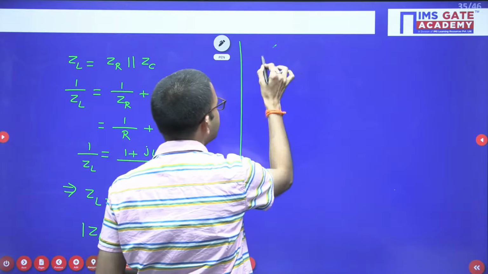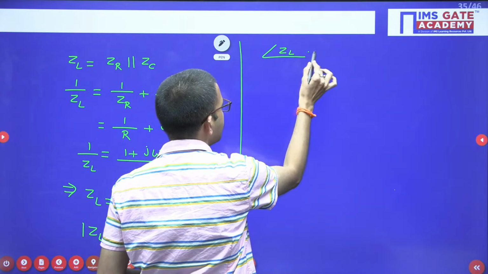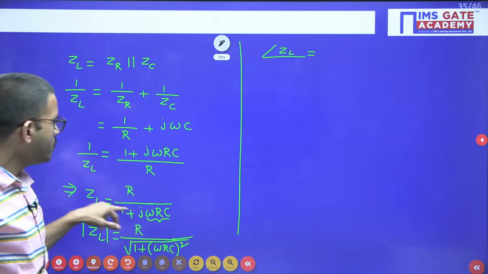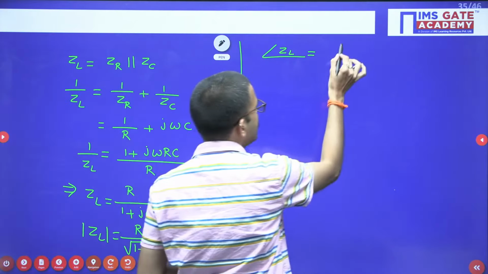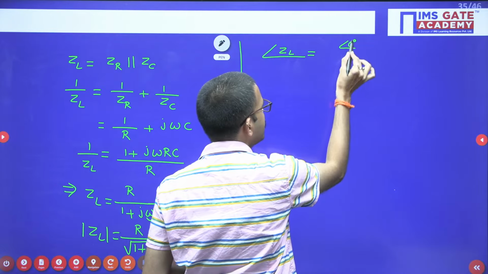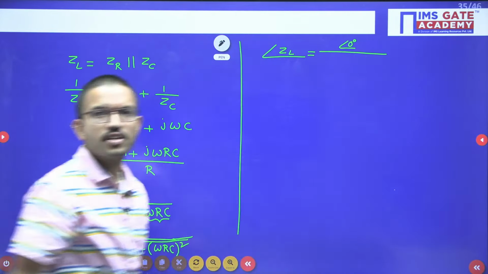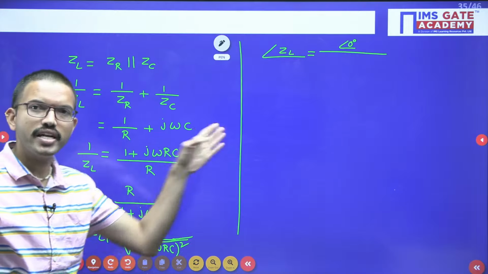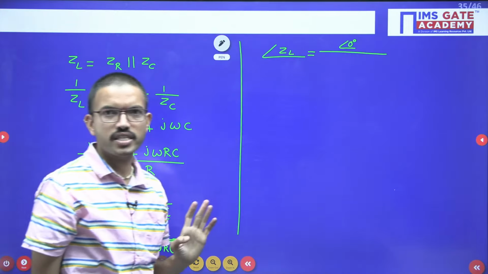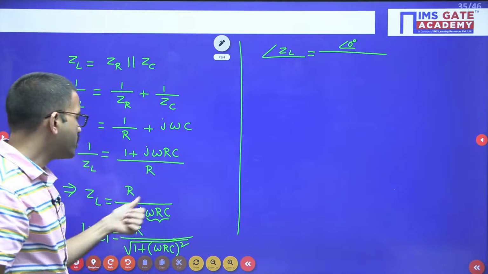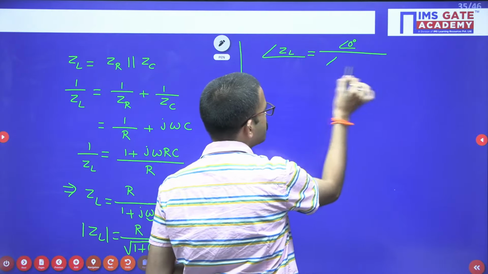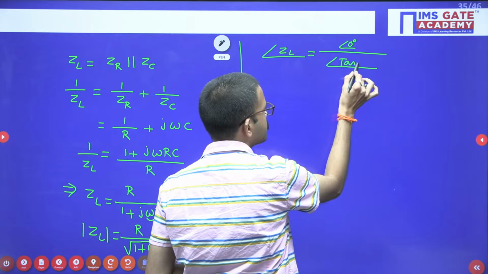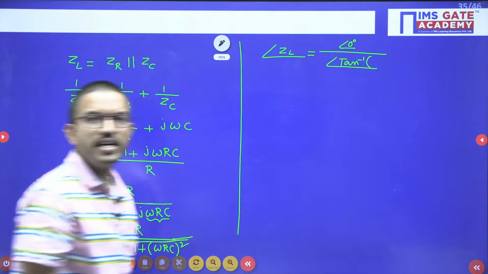Now, similarly, let us write the phase angle. The numerator is simply a real part. Whenever you have a real part, the phase angle will obviously be 0 degrees. If it is negative, then it is 180 degrees, plus 180 or minus 180. Now in the denominator you have A plus jB format, so the phase angle is tan inverse of imaginary term by real term.